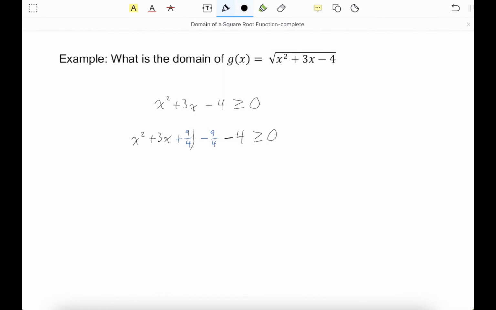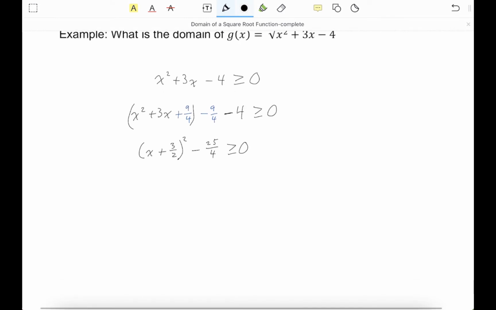Now I'll group these first 3 terms, and I can rewrite this as x plus 3 halves, that whole thing squared. I then can combine 9/4 and -4. That gives me negative 25/4.